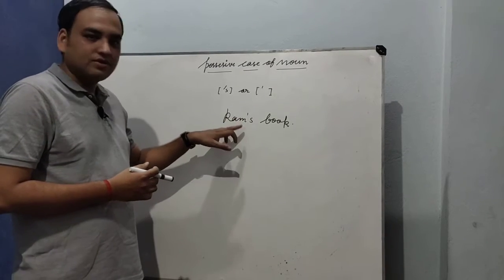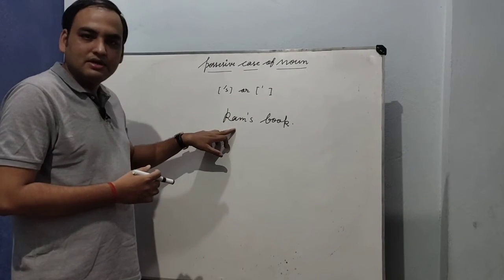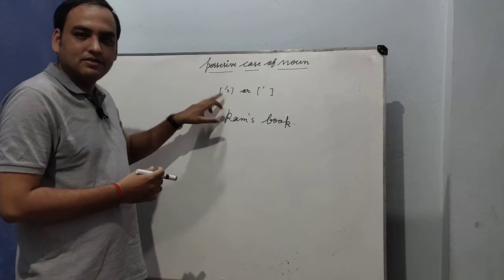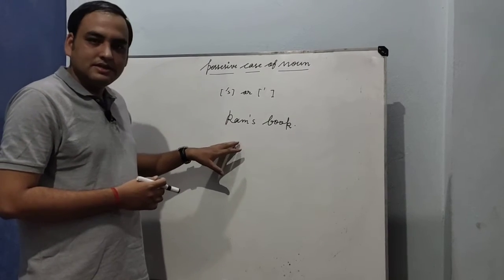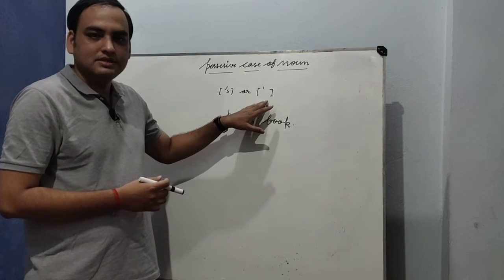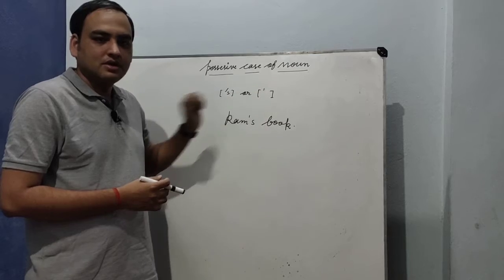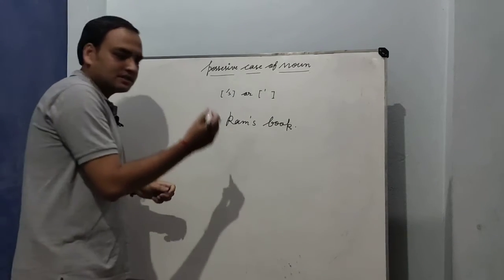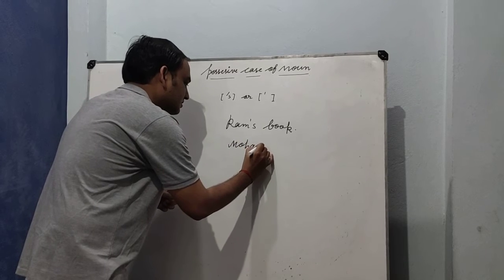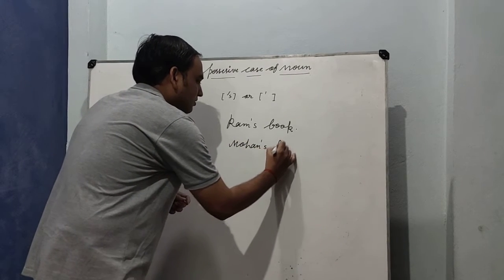We are using apostrophe. Ram is singular, so we are using apostrophe with s. Okay, if this is a plural noun, then we will use apostrophe without s. Another example is Mohan's house.